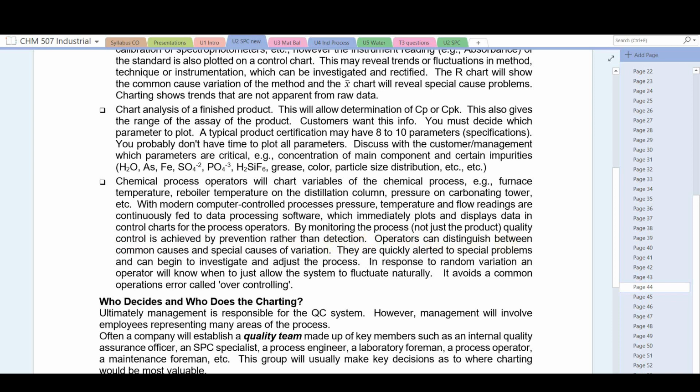Operators can distinguish between common cause and special cause of variation. If it's a special cause, they can begin to investigate and adjust the process. In response to random variation, an operator will know when to just allow the system to fluctuate naturally. It avoids a common operation error called over-controlling.